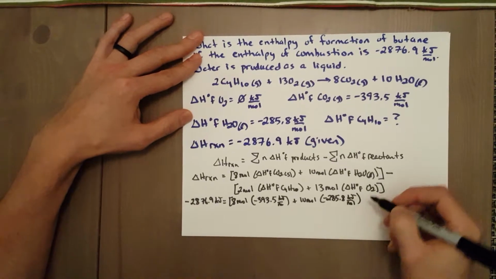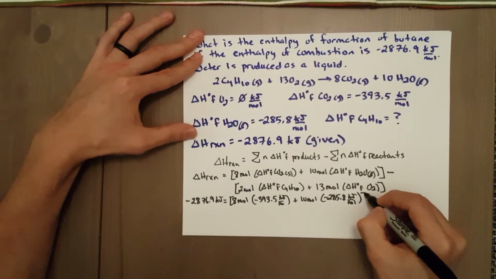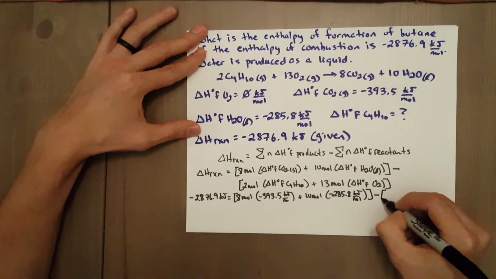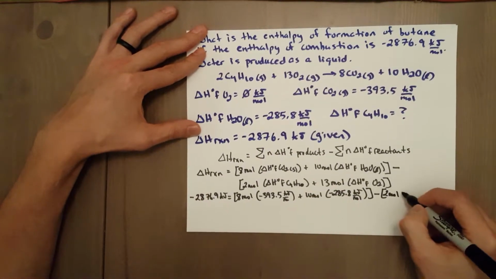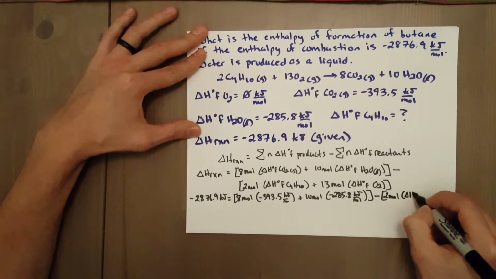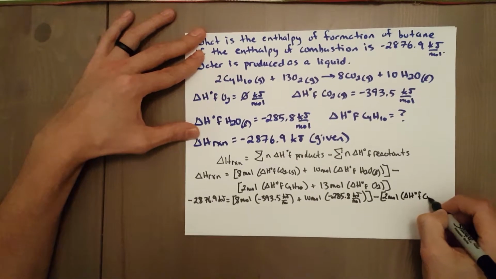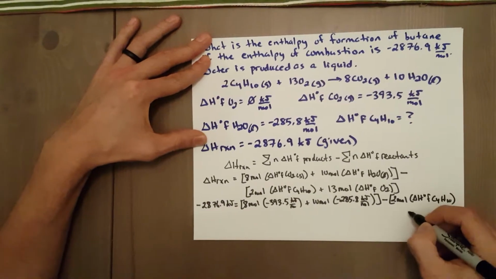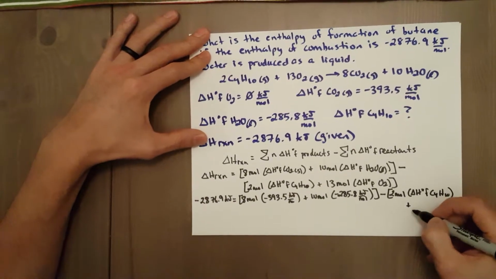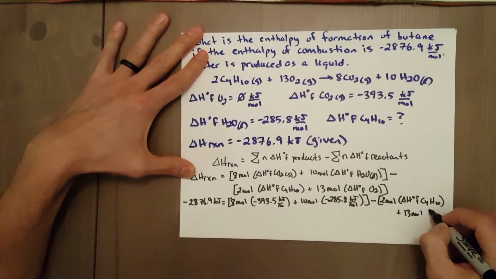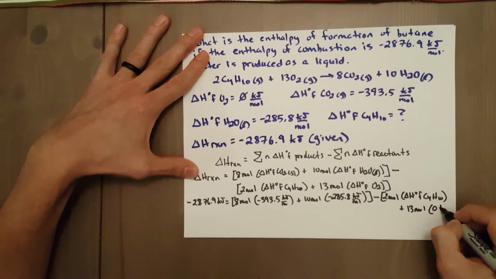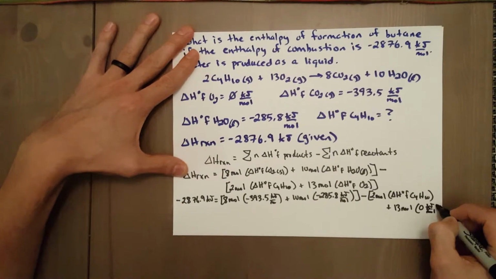Don't forget your units. We can close these brackets, minus 2 moles heat of formation of butane. We don't have that value. I'll continue here, plus 13 moles, we know this value to be 0 kilojoules per mole.